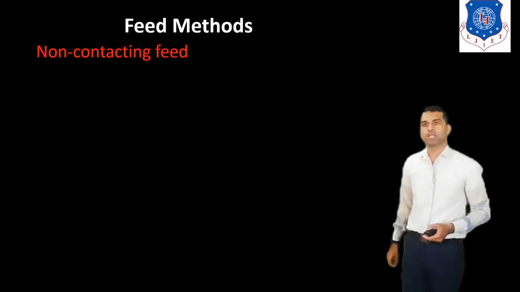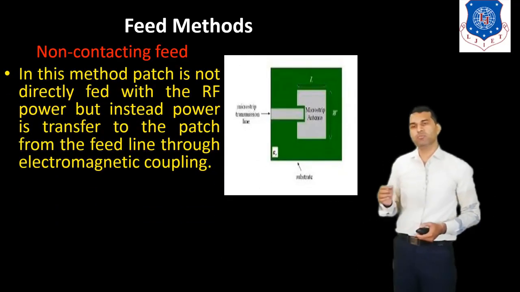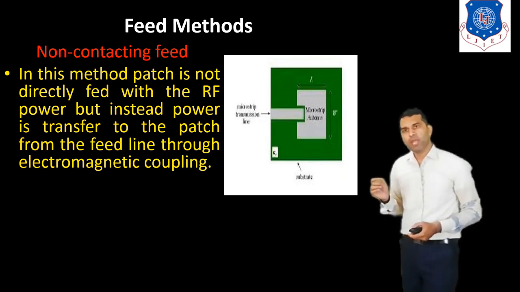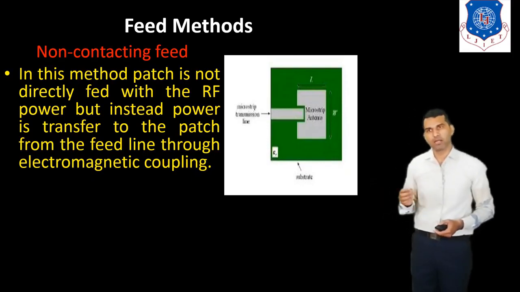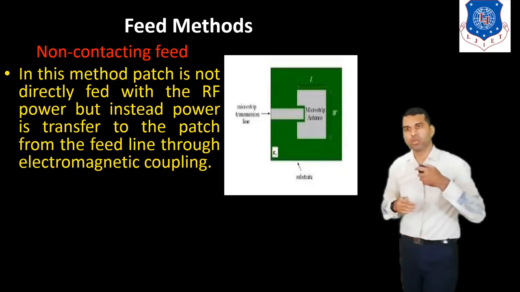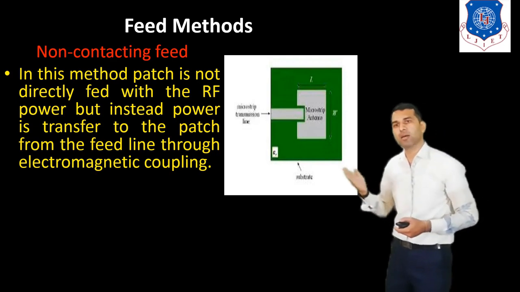Now the non-contacting feeding method. In this method, the patch is not directly fed with the RF power, but instead power is transferred to the patch from the feed line through electromagnetic coupling.